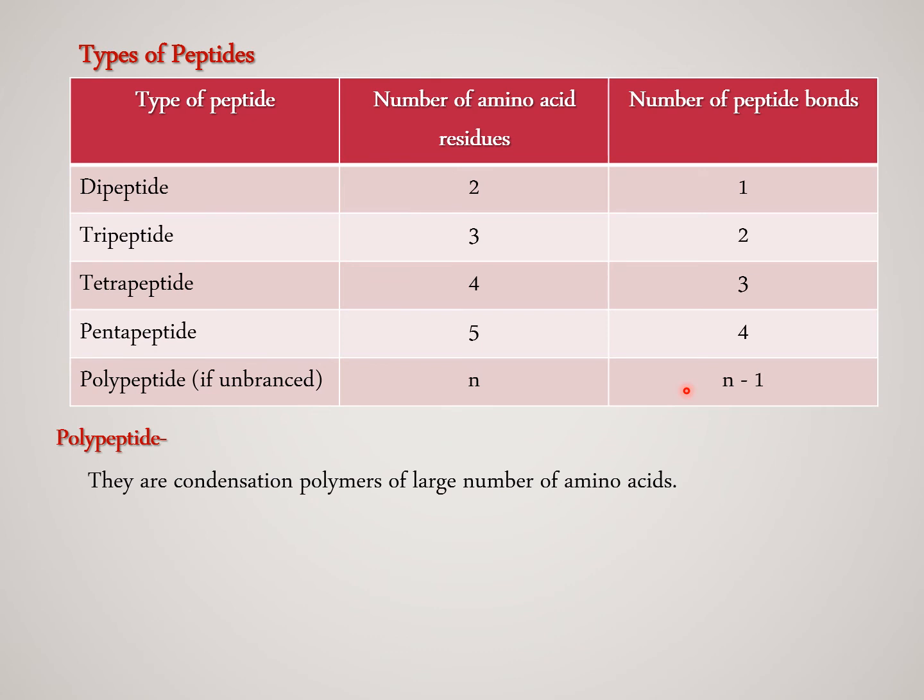Now then, what do you understand by a polypeptide? Polypeptides are condensation polymers of a large number of amino acids. If the amino acids are more than 10, then they are called polypeptides.